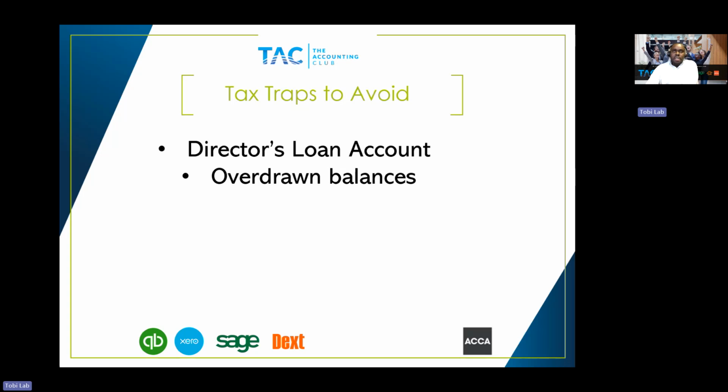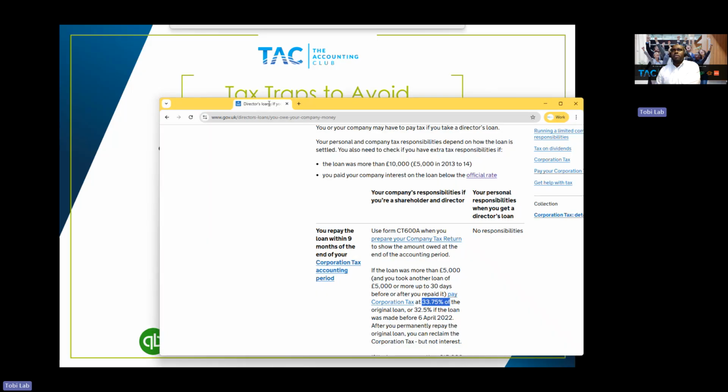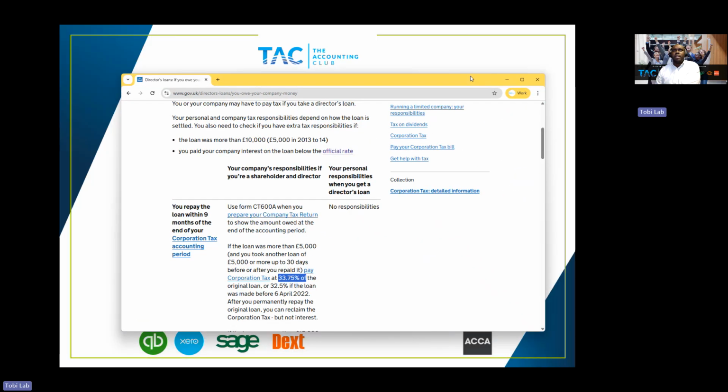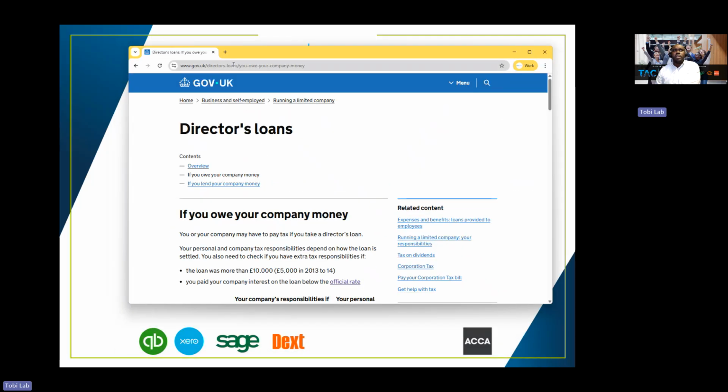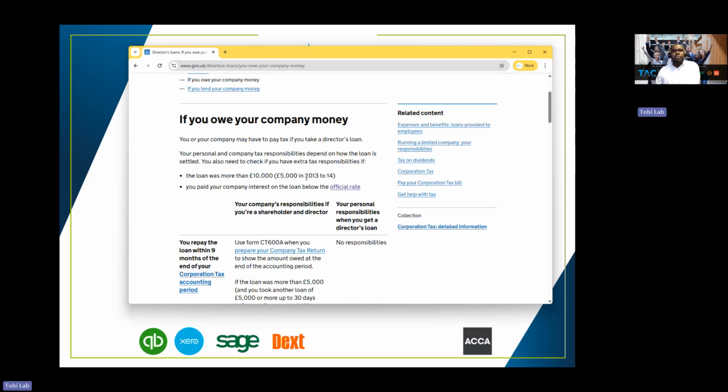You can avoid tax being deducted on this account by making it what you call a commercial loan, where you pay your company interest for drawing out a loan. You can find information on that on the gov.uk website.